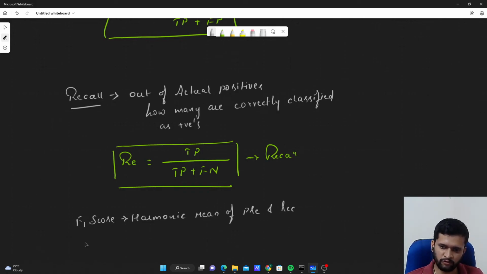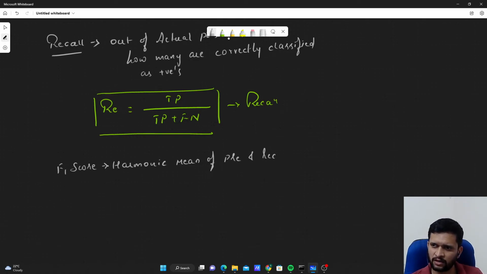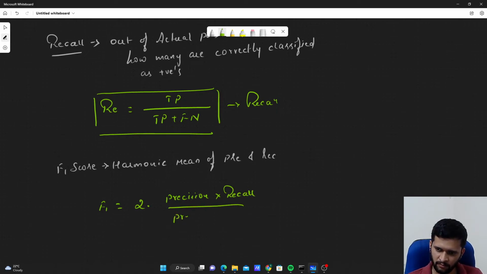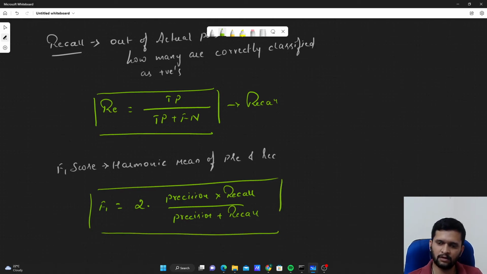If you remember the harmonic mean from your high school days, the formula is given by 2 into precision into recall divided by precision plus recall.